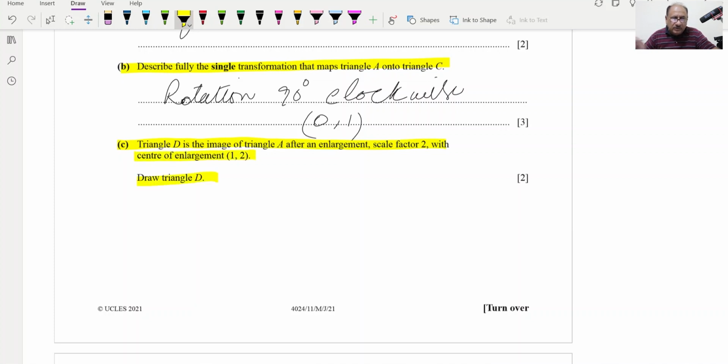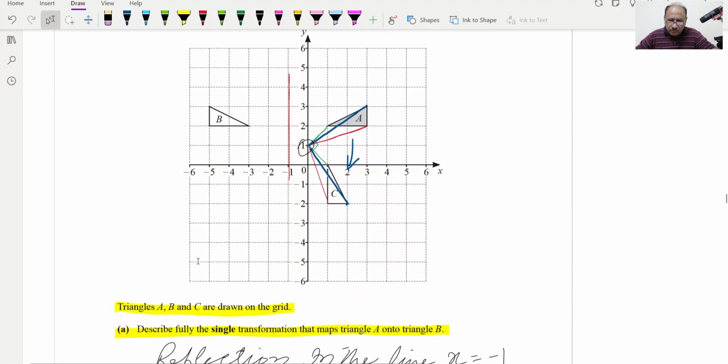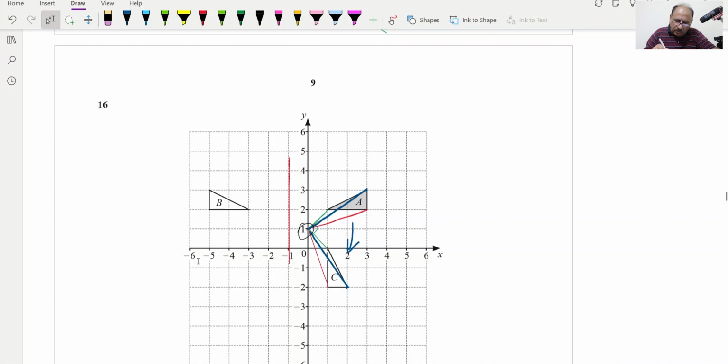To draw D, first of all we will reach the point (1, 2), which is this one, and we need to enlarge this triangle A. We can draw this line over here, and this side also we can extend, and instead of 1 it will be 2, this one line.